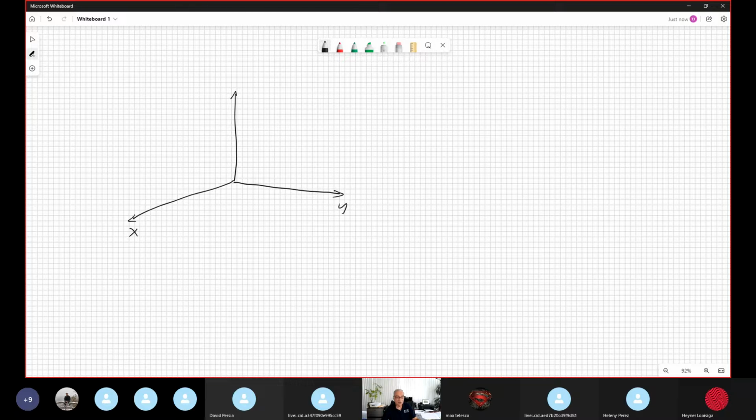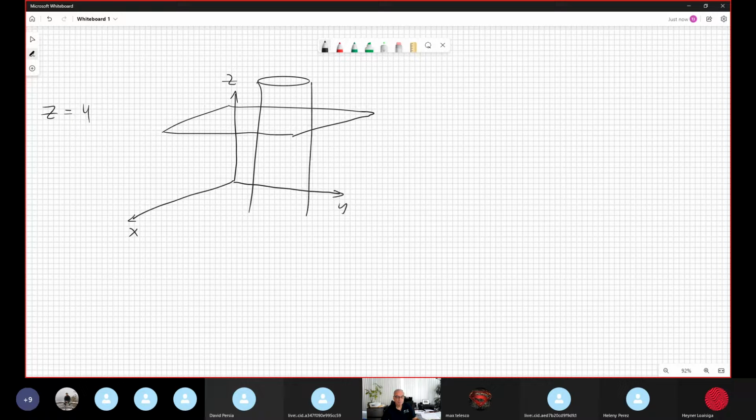Suppose that we have a plane. In that case, one plane is c equal constant, c equals something, c equal 4, a constant, and we have a cylinder. Like that, I try to do my best.